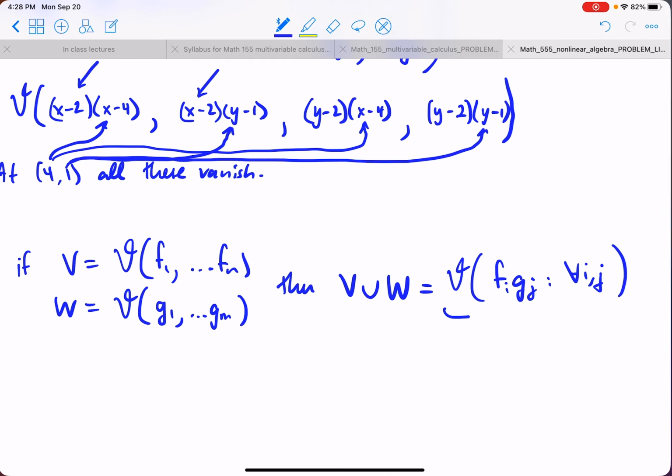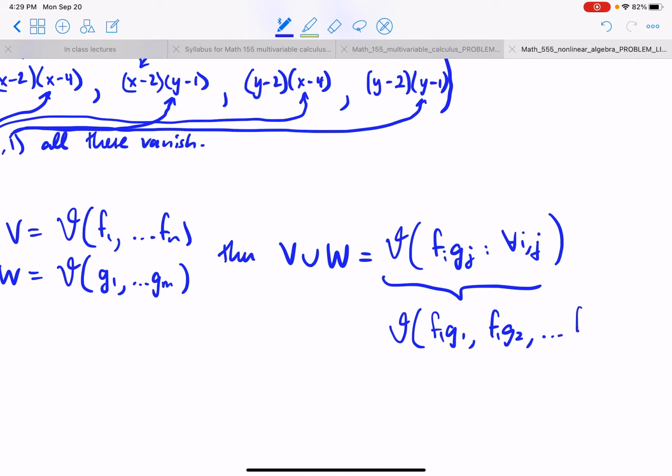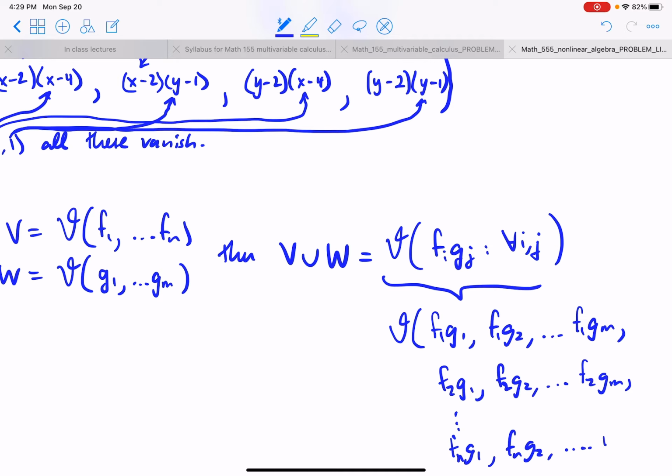This is just a shorthand way of writing the vanishing of f1g1, f1g2, f1gm, f2g1, f2g2, f2gm, all the way down to fng1, fng2, all the way to fngm.